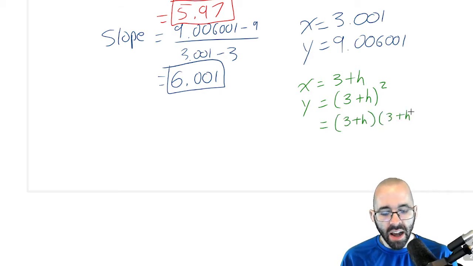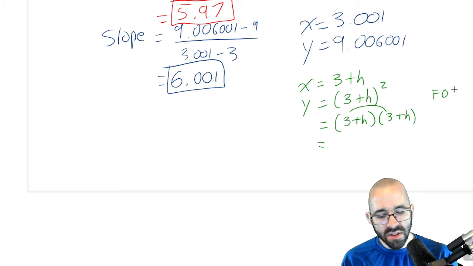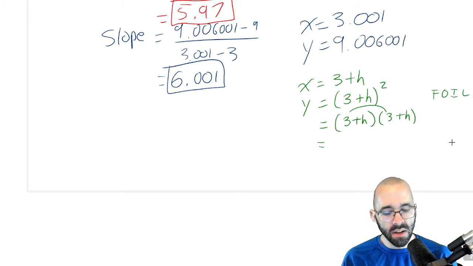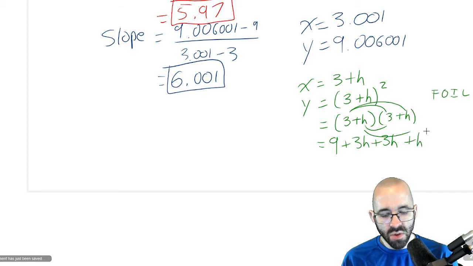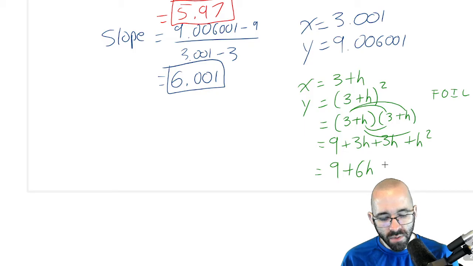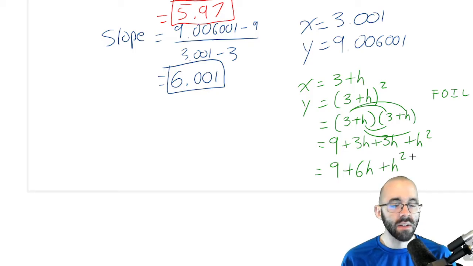It means multiply by itself. We're going to have to FOIL. First, outer, inner, last. 3 times 3 is 9. 3 times h is 3h. h times 3 is also 3h. And h times h is h squared. Collect like terms, we get 9 plus 6h plus h squared.